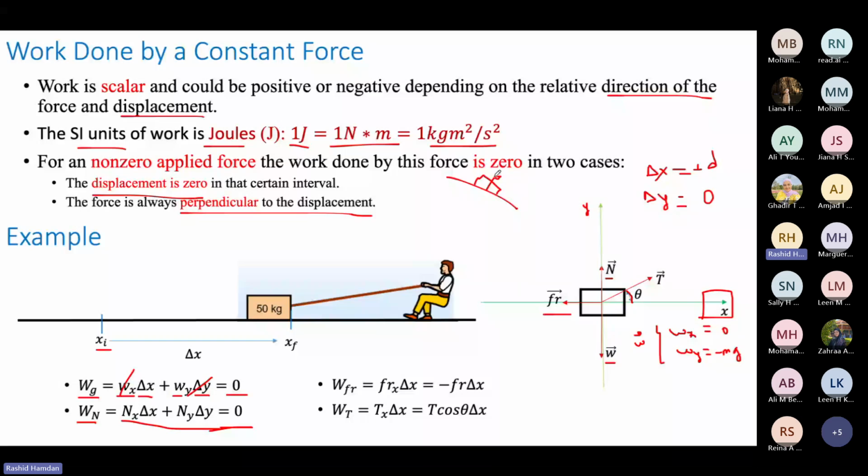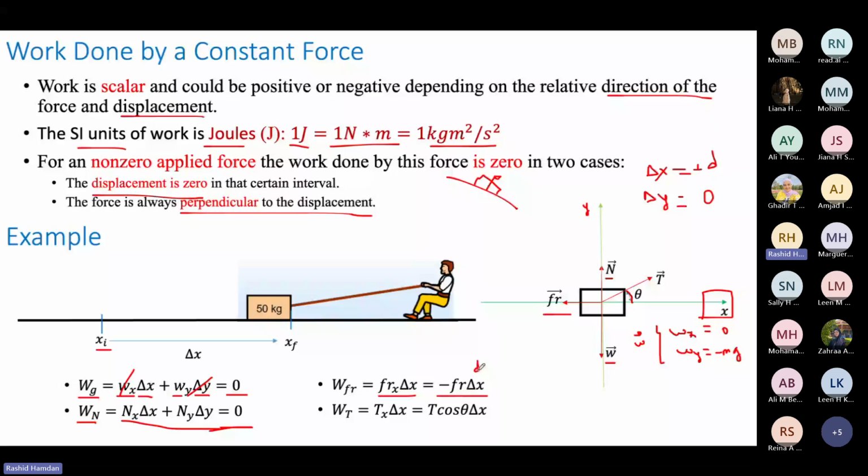Now we come to friction. We have only displacement on the x-axis, so I'm going to only include the x term. So we have the component of the friction on the x direction times delta x. Now, Fr x is in the negative x direction. So we have minus Fr delta x, and the delta x I can replace by d if I want to write it in components.